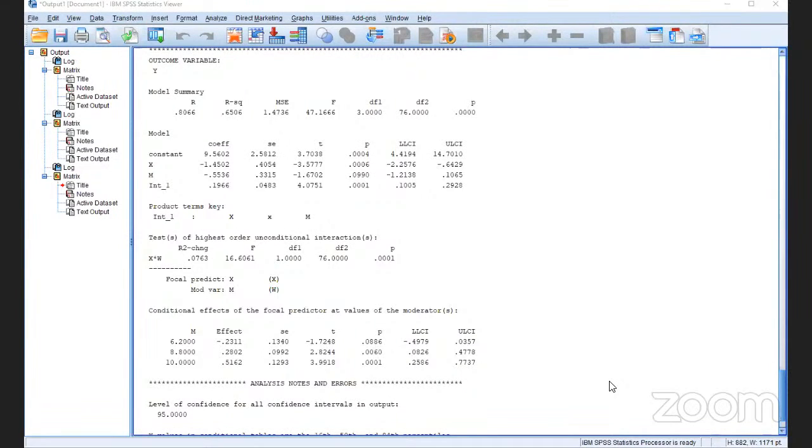We just check whatever data we collect, whether the moderator variable is working or not. If you select a properly tested scale or instrument to check the moderation impact, then you can see the impact.